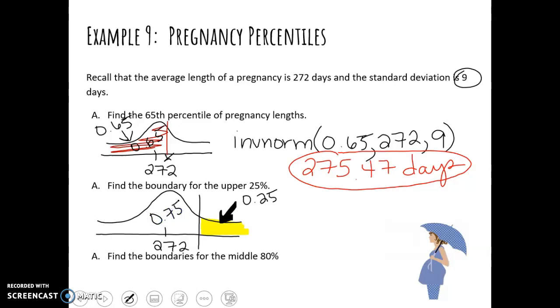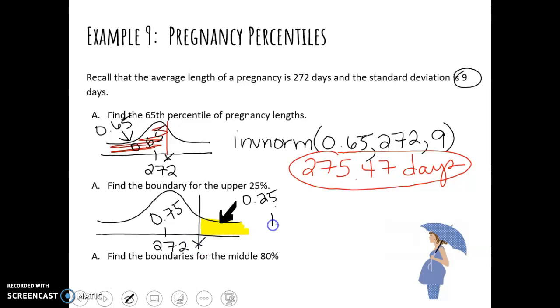How did I get that? Remember, the whole thing has to add up to be 100%. So if we are finding the boundary for the upper 25%, that boundary separates that upper 25% from the lower 75. So 25 and 75 is the entire 100%. So we're looking for this number right here.